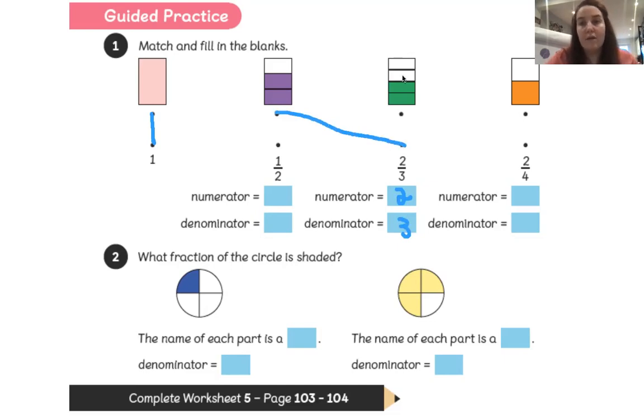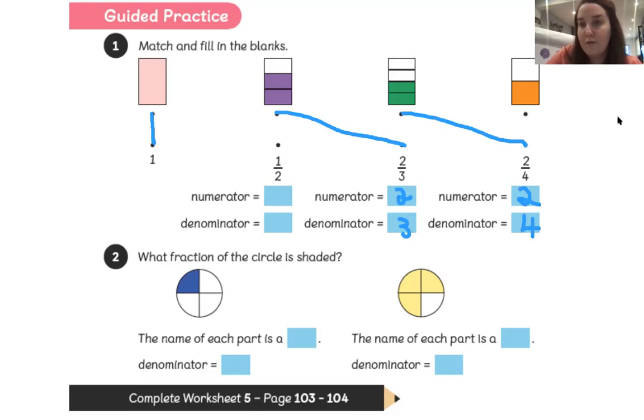Okay, so what about this one? How many parts is it split up into? 4. So our denominator's got to be 4. And how many parts are shaded? 2. So our numerator's got to be 2. So which one has a numerator 2 and a denominator 4? It's got to be this one. And we've just said the numerator's 2 and the denominator's 4.